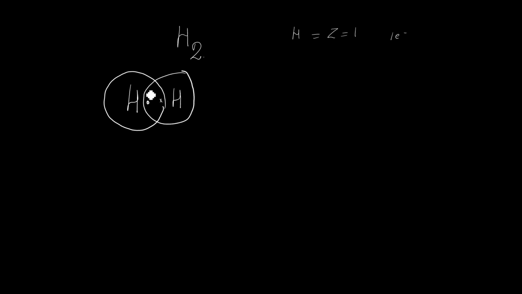So we can say this is the bond. The bond is formed. It shows the bond formation. Both have a single bond. Two electrons means one bond. So this is the Lewis dot structure for hydrogen molecule.